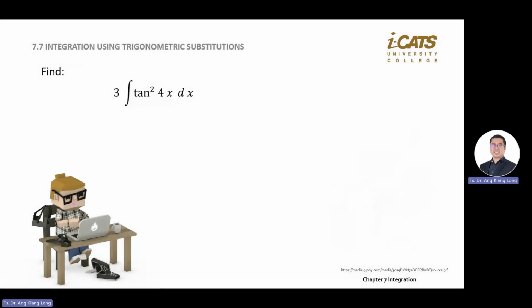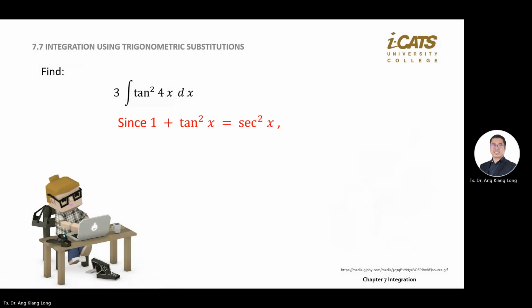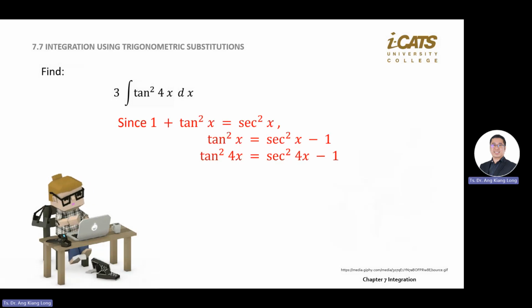So let me see the third one. The third one is the tangent something, tangent square 4x. We know from the table that 1 plus tan square x equals sec square x. We rearrange that: tan square x equals sec square x minus 1. In the question it is 4x, so you put the 4x in the sec side.